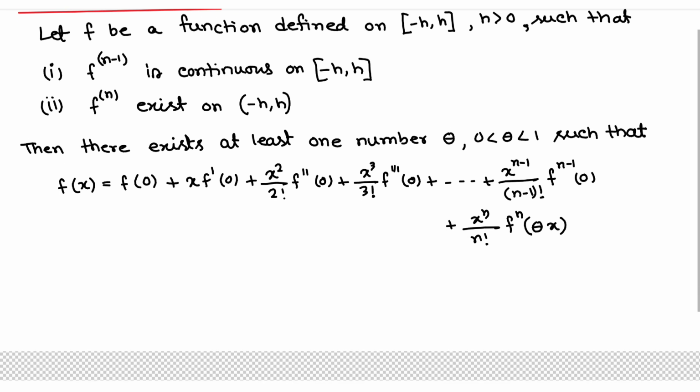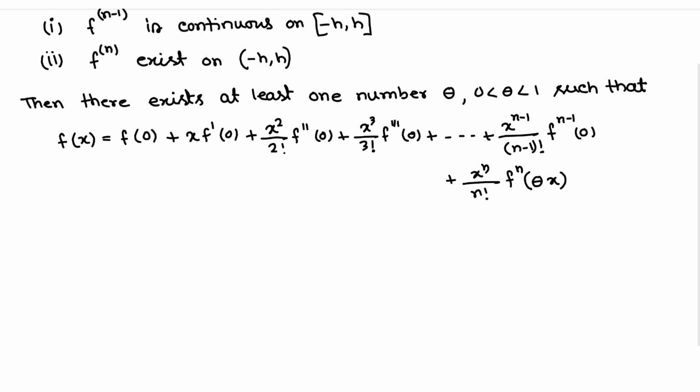Okay, so first of all let's write the Taylor's MVT, that second form of Taylor's MVT with Lagrange remainder.